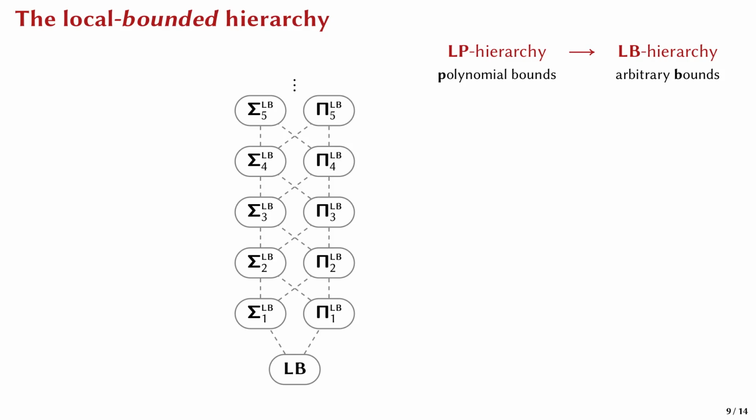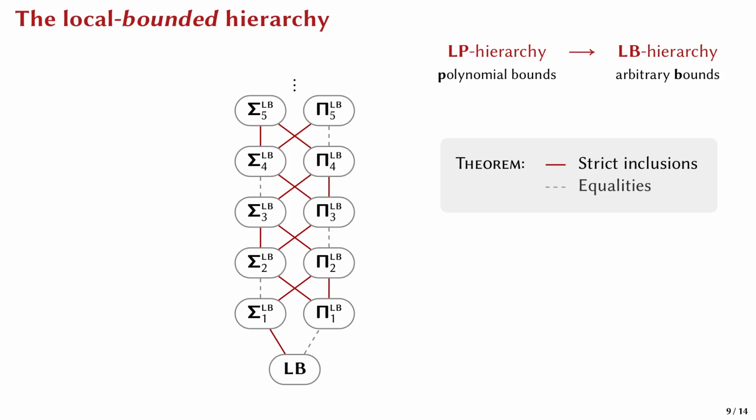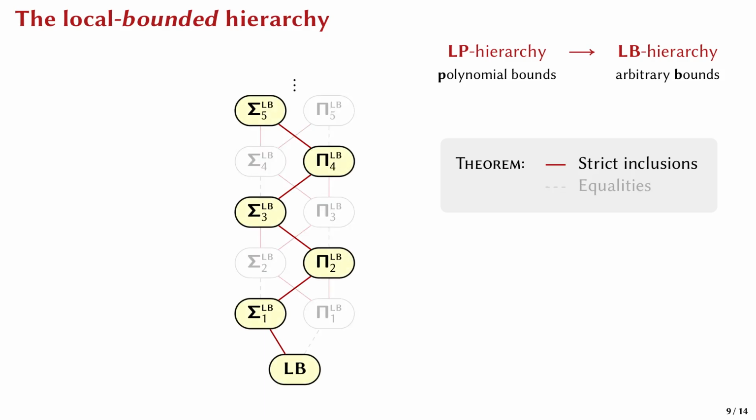Well, quite conveniently, all the previous separation results carry over directly. So the hierarchy is still provably infinite. But this time, the dashed lines are honest equalities that do not depend on P versus NP. So this allows us to clean up the picture. We're left only with the yellow classes, and the hierarchy becomes a strict linear order.